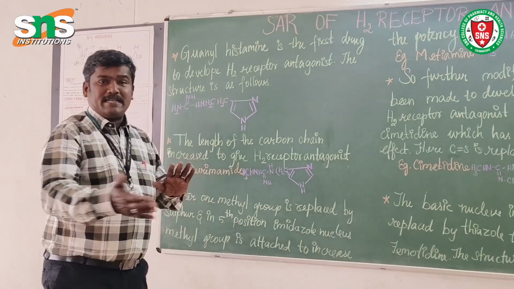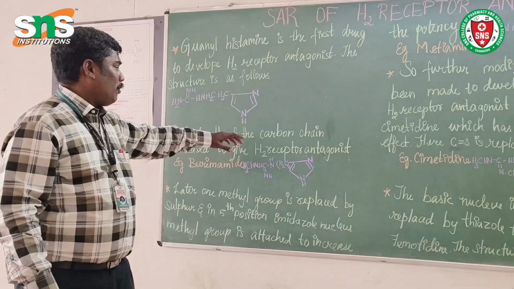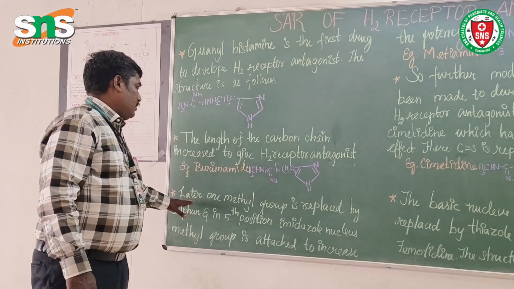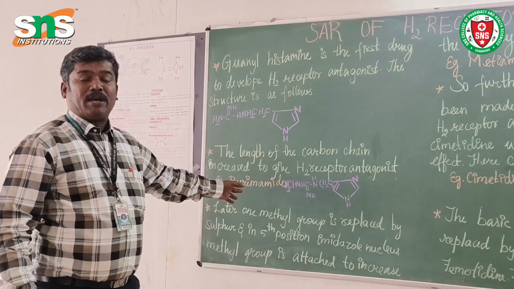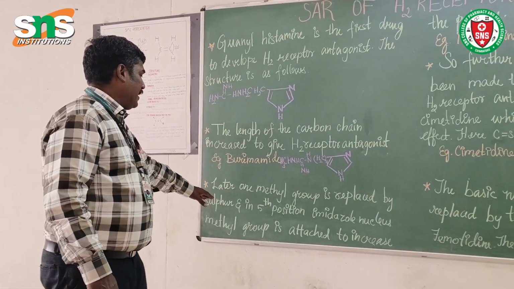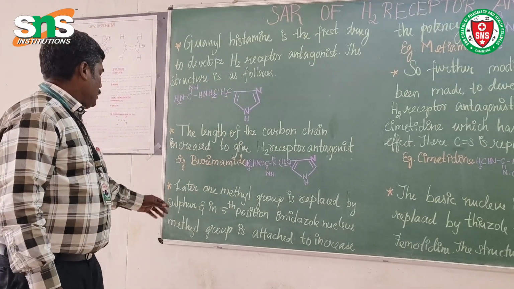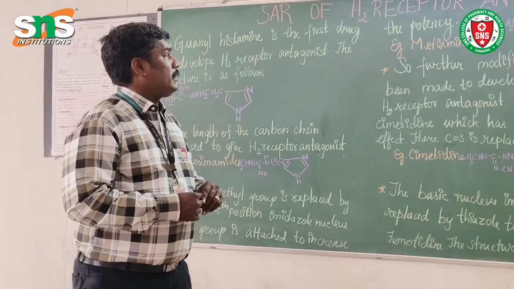So increasing the carbon chain length also produces a very good H2 receptor antagonist. If you replace the methyl group with a sulfur group in the fifth position of the imidazole ring, that will also give a more potent compound.